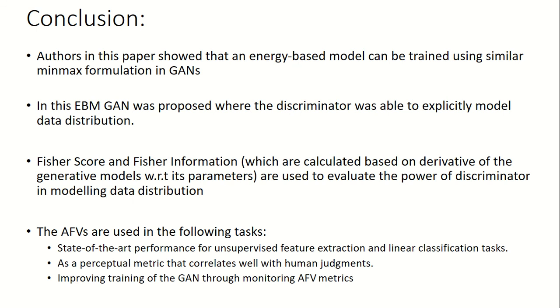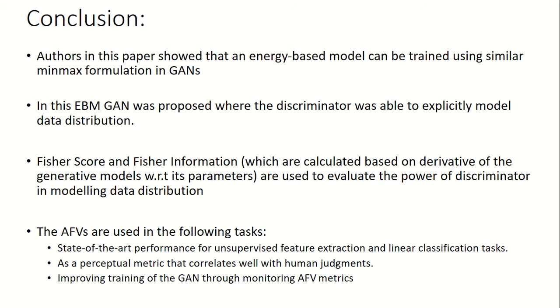So in the last section, I'm going to cover the conclusion. The authors in this paper showed that an energy-based model can be trained using a similar min-max formulation as in regular GANs. But there was a very important difference: in EBM GAN, the discriminator was able to explicitly model the data distribution.